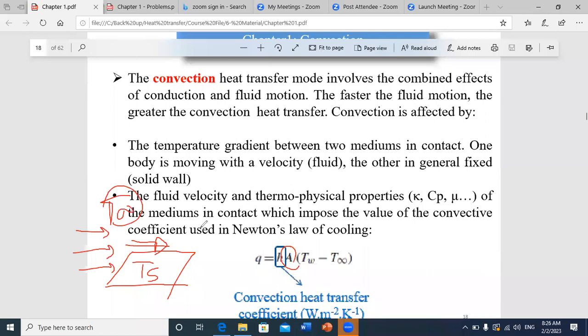When you have the flow over the surface, this will create some gradient of temperature within the flow. Why? Because the fluid molecules just in contact with the surface will have the highest temperature, which is T of the surface. However, as you move far from your surface, the temperature decreases until reaching T infinity, which is the bulk temperature of your fluid.